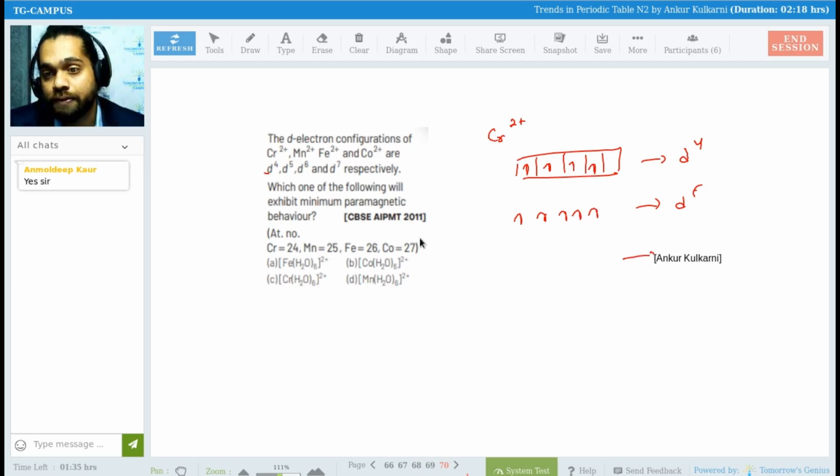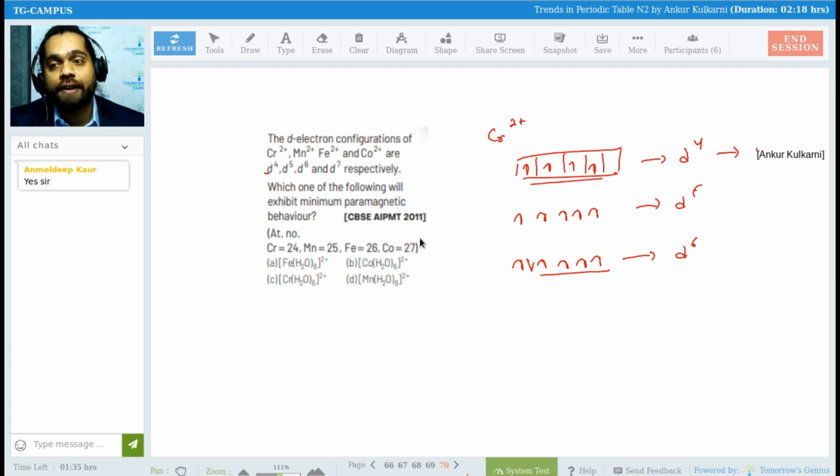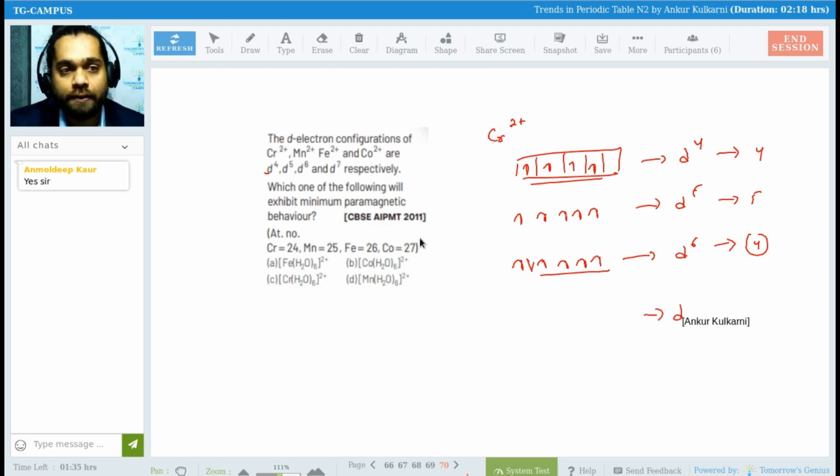Then we have Fe2+, which is d6. D6 means what? 1, 2, 3, 4, 5, 6. 4 unpaired electrons. But in the d7, Prashanti, Anmoldeep, how many unpaired electrons do we have? 1, 2, 3, 4, 5, 6, 7.